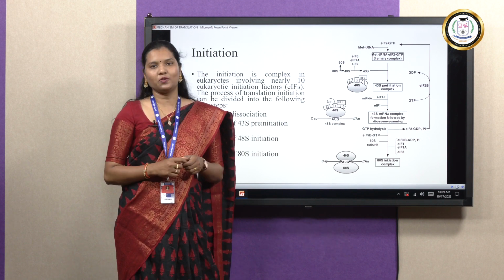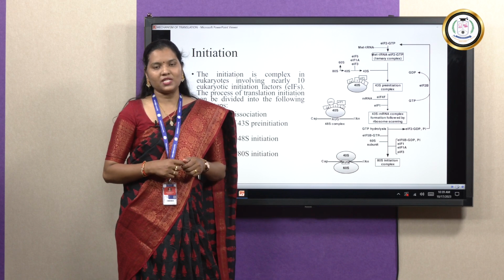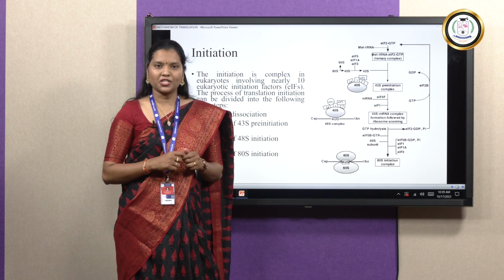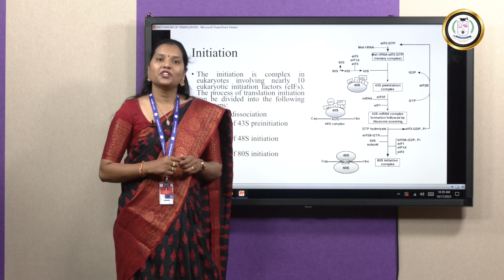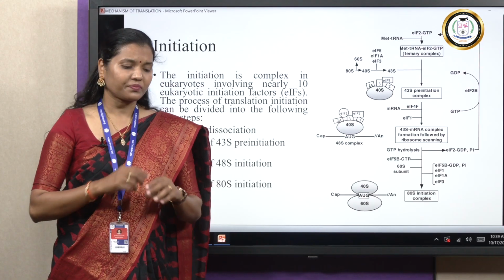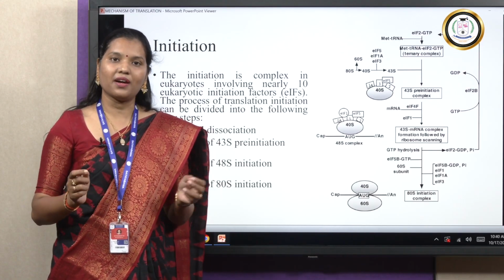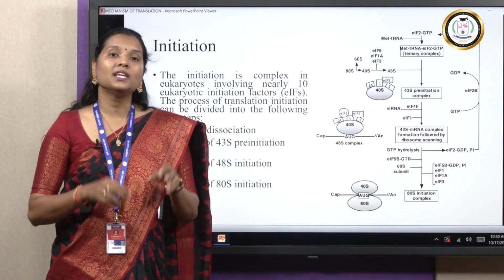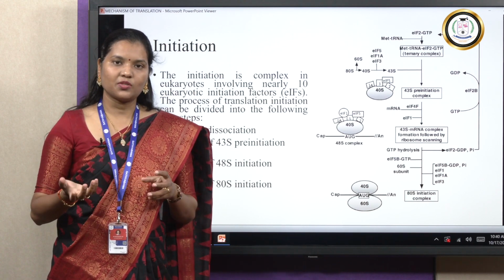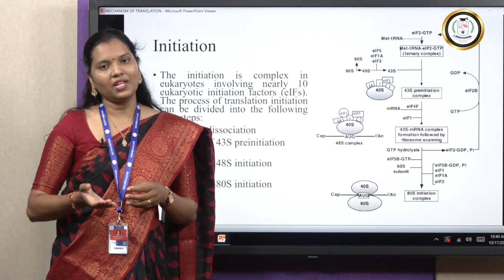This sequence is called the Kozak sequence in eukaryotes, and the same sequence used for recognizing the initiation codon is called the Shine-Dalgarno sequence in prokaryotes. Once the ribosome scans the mRNA for the Kozak sequence, it will position the mRNA in such a way that it starts with the initiation codon AUG.